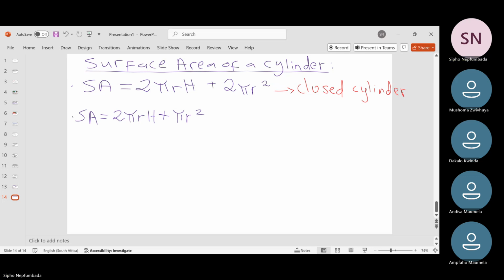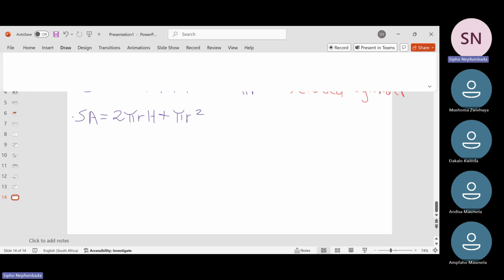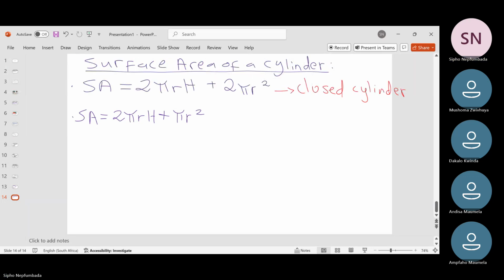This one is for a cylinder open on one side.